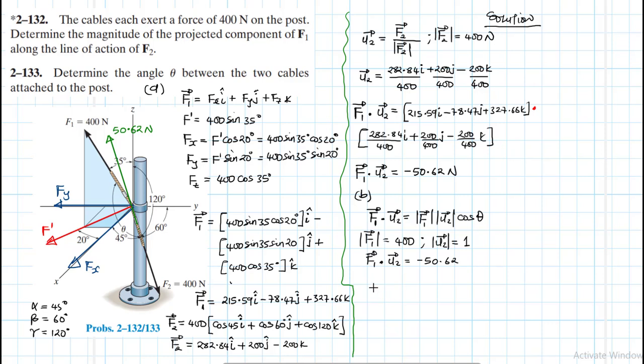So all we do is make theta the subject of the formula, which is cos inverse of force vector 1 dot unit vector 2 divided by their magnitudes.